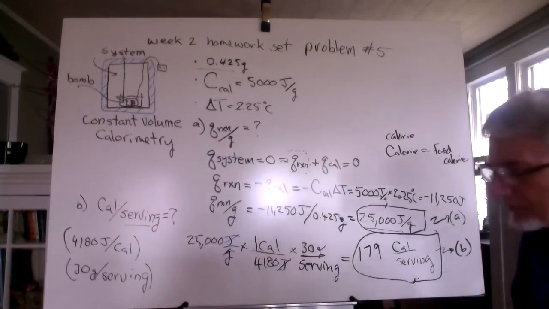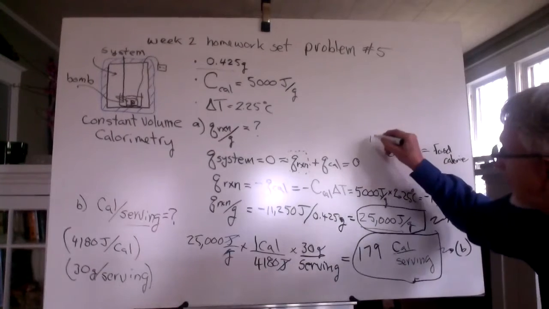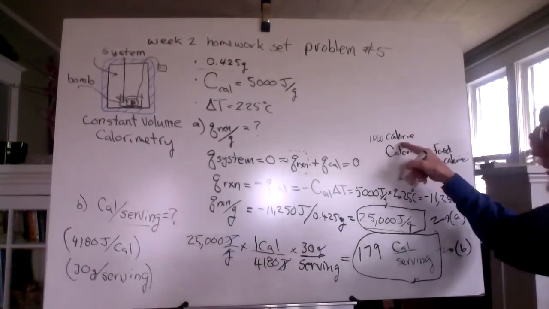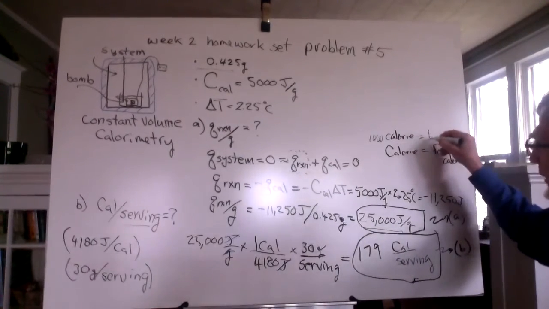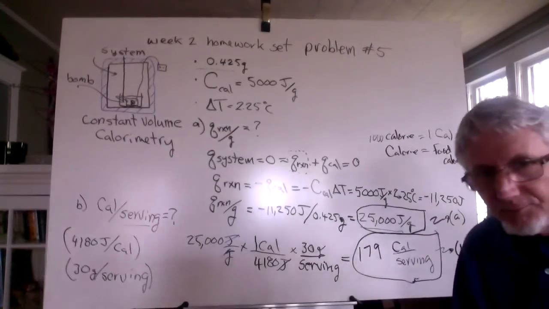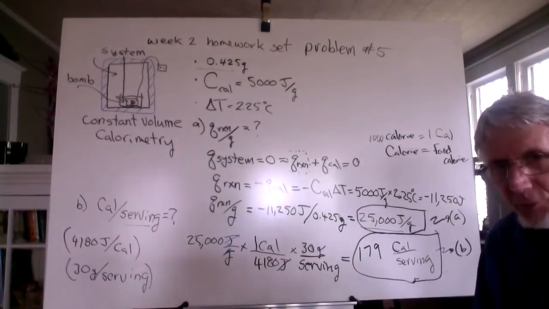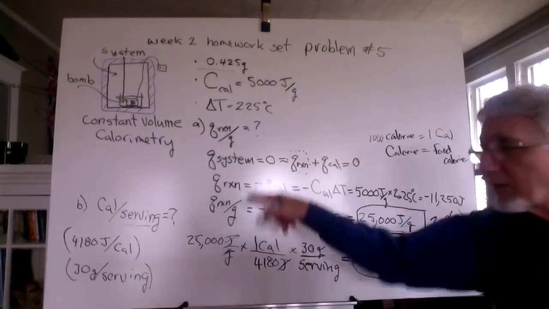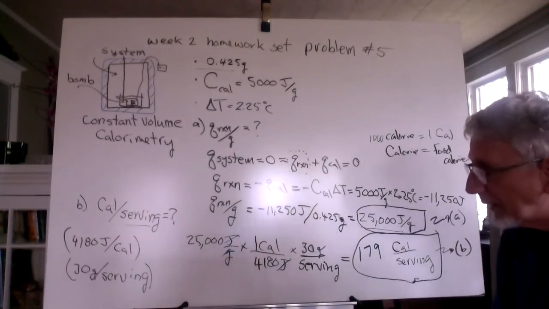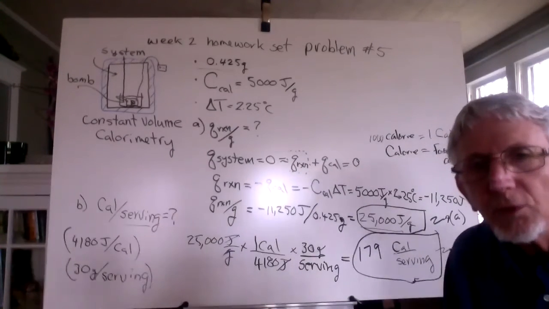The energy content is expressed in food calories. And it turns out that there are 1,000 little calories for every 1 food calorie. But anyway, that's not something you'd be expected to have to provide on the exam. But the calculations that we've done here, the understanding of constant volume calorimetry would.